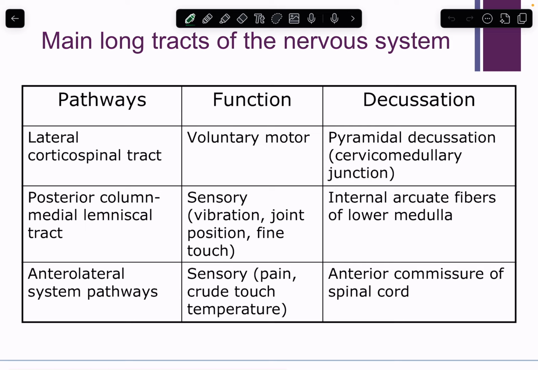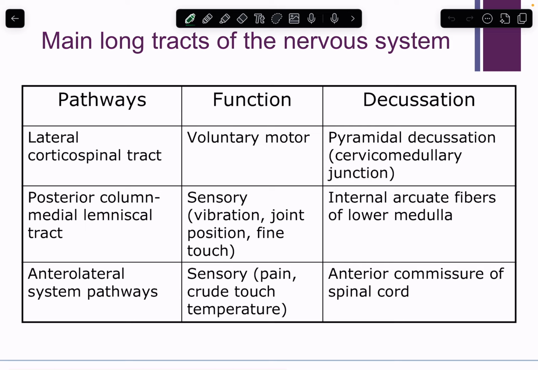So what's the pathway and decussation of this tract? Sensory receptors in the periphery, so this is an ascending tract, detect stimuli and send signals through the dorsal root ganglion and enter the spinal cord. They enter through the dorsal columns, these specific kinds of sensory information.